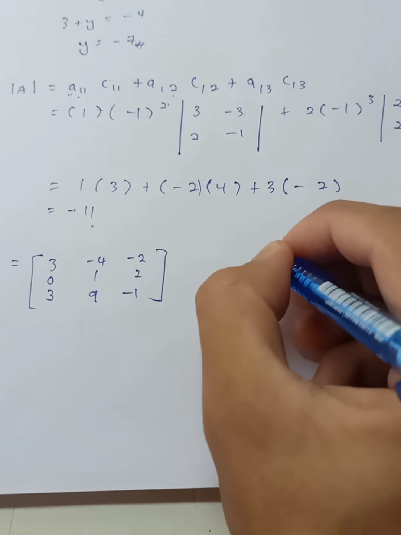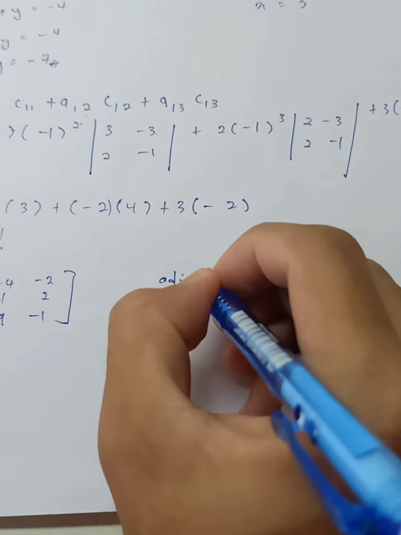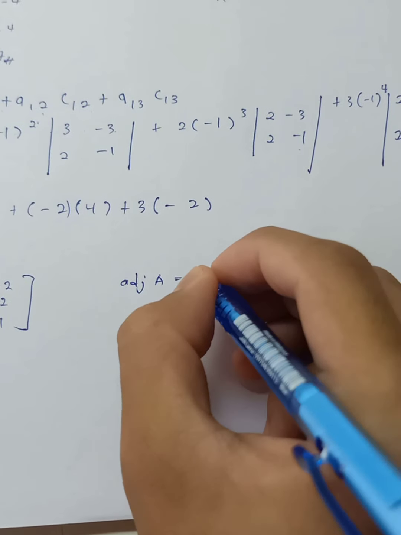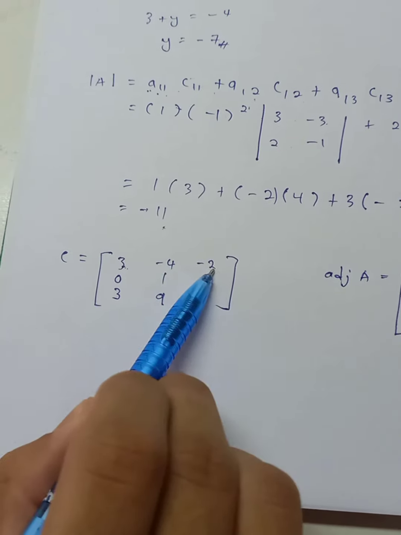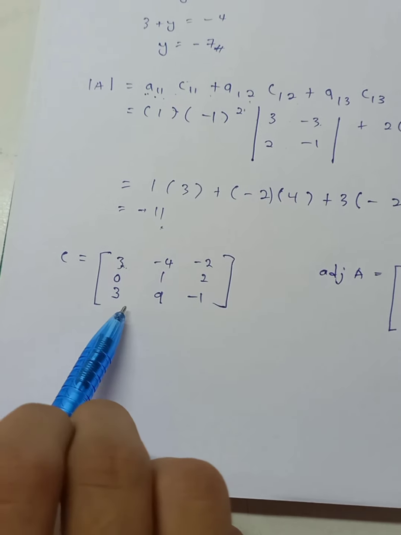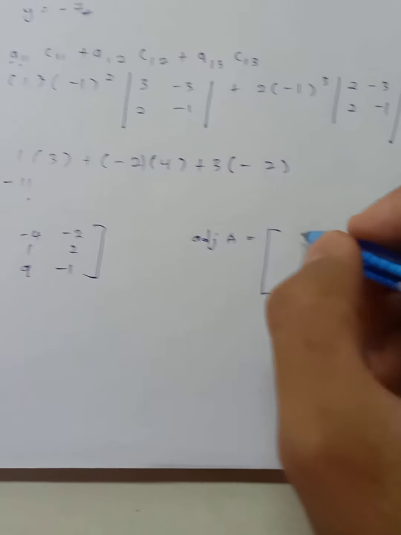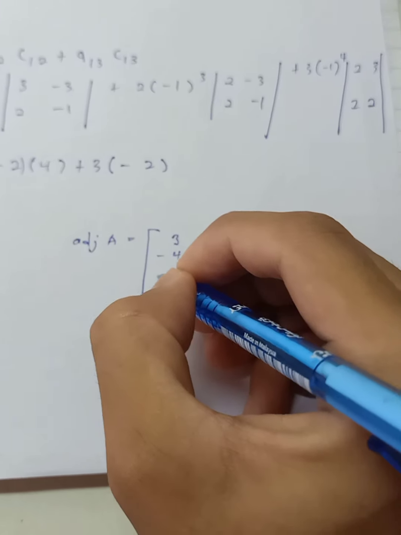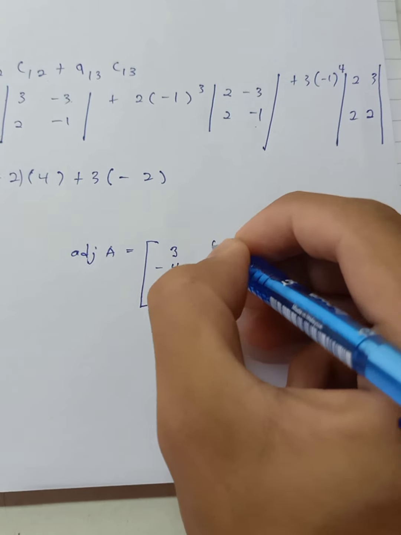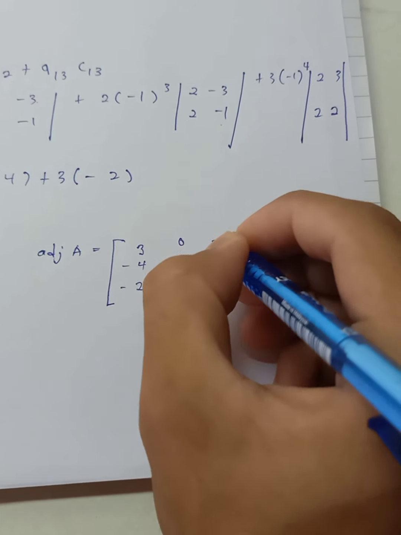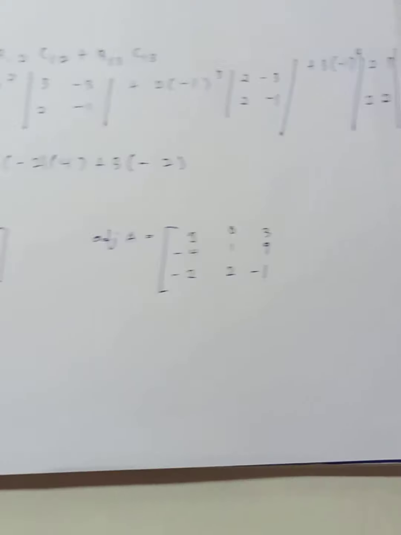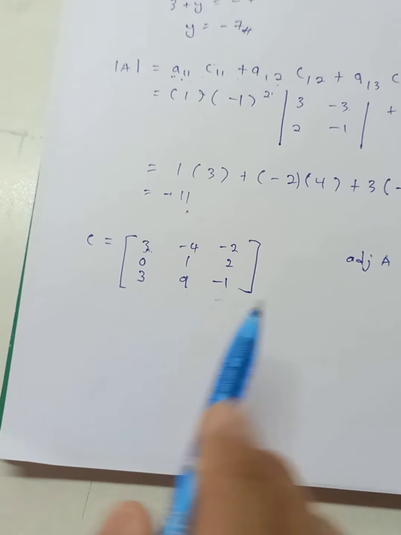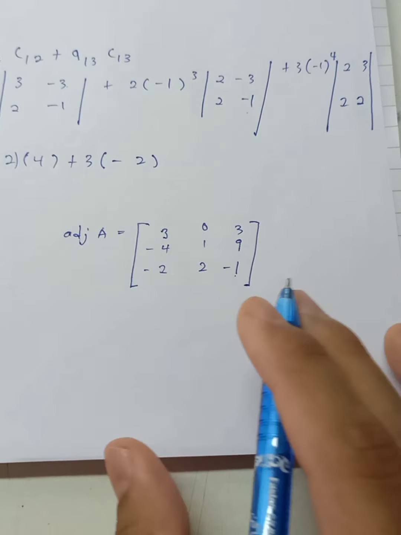From the cofactor, we find the adjugate of A by taking the first row as the first column, so we get 3, negative 4, negative 2, then 0, 1, 2, and 3, 9, negative 1 from the third row.